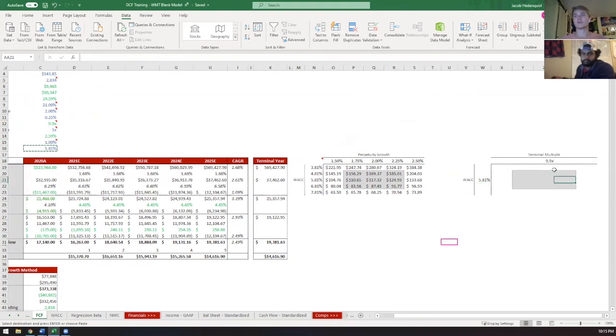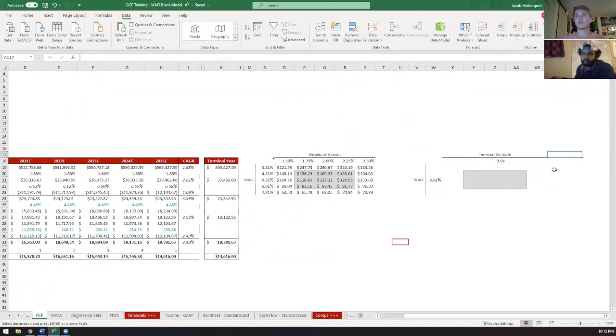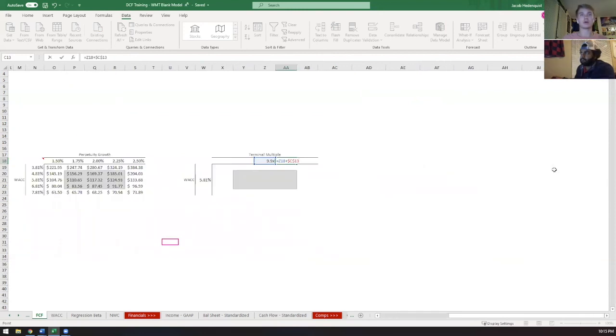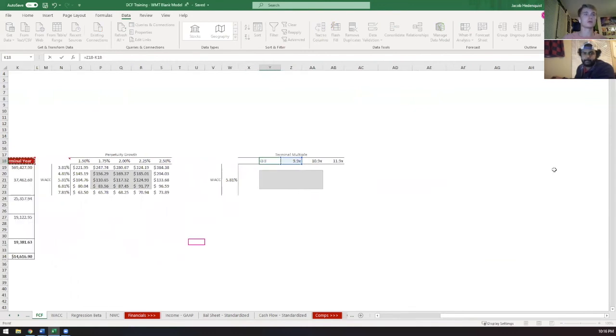And now we're going to do the same thing we did before. This time our terminal value multiple step will be 1 times. Hard code that, drag that over, and this is going to be minus 1 times.